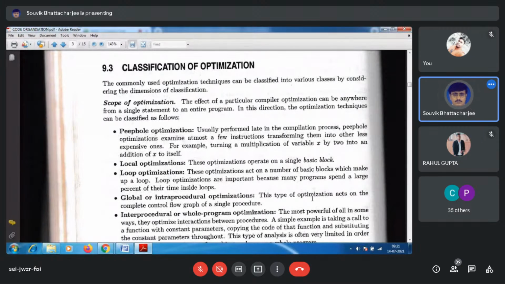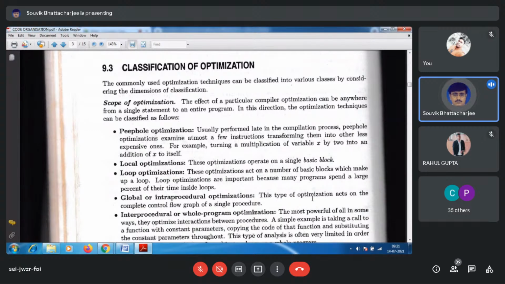Next one is the local optimization. This optimization basically operates on a single basic block, the block by block or module by module optimization that I have told you about. Most of the optimizations work in this way. Loop optimization: these optimizations act on a number of basic blocks which make up a loop.